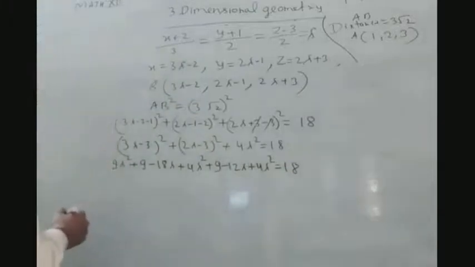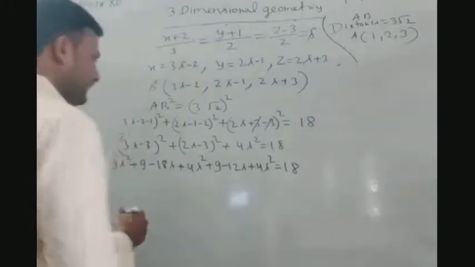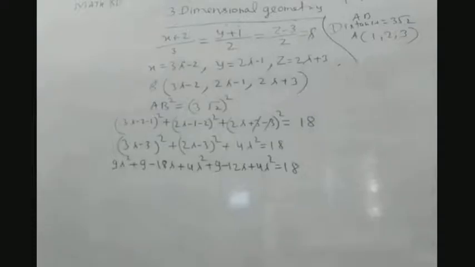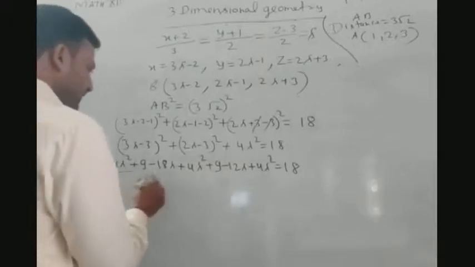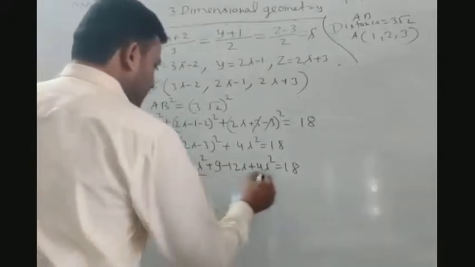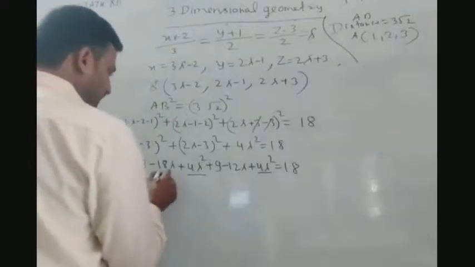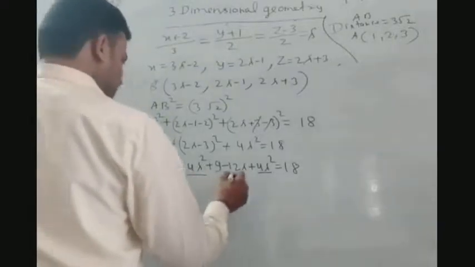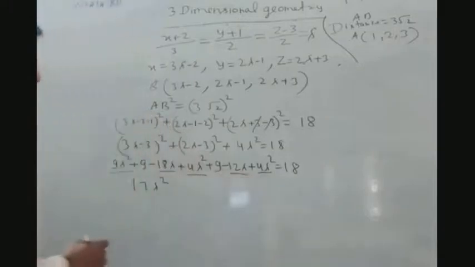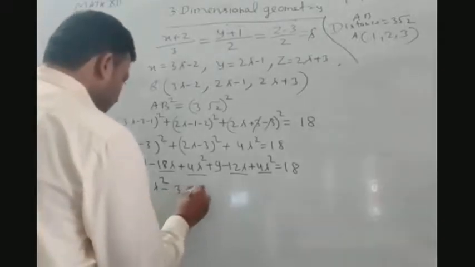Now we will solve it. After solving, what do we get? 9 lambda square plus 4 lambda square plus 4 lambda square gives 17 lambda square, and minus 18 lambda and minus 12 lambda gives minus 30 lambda.